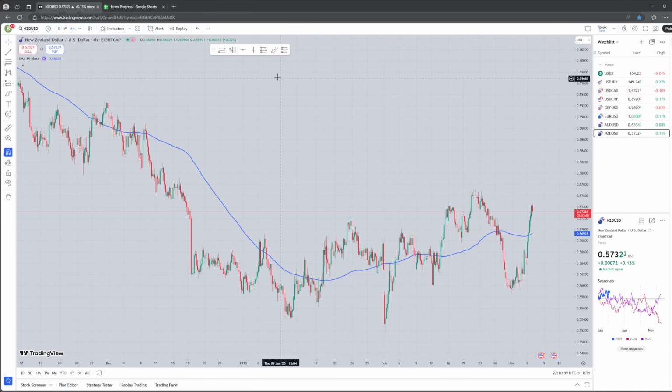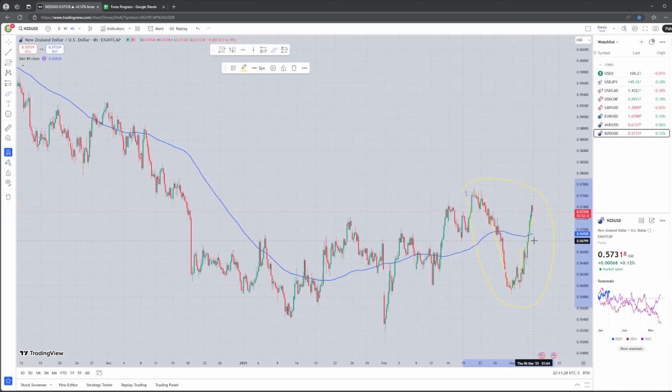Okay, New Zealand dollar USD, again the same story. The market was doing this sideways action until this price point, then the market went down and continuously behaved below the blue moving average line, right? Since then the market is doing a fake up with 4 or 5 candles up here, and at this point the market is still considered to be behaving below the blue moving average line with the fake out.